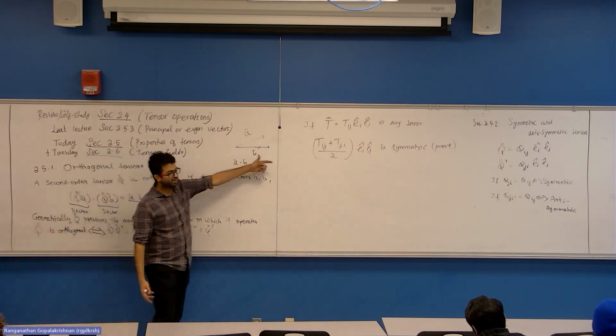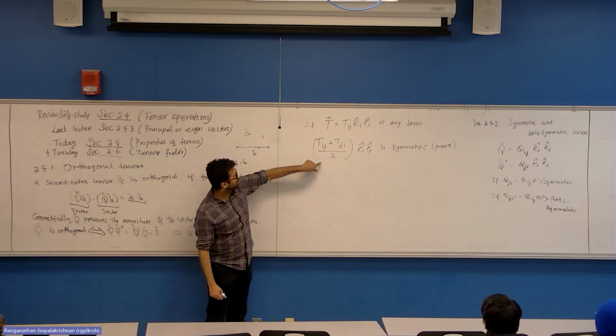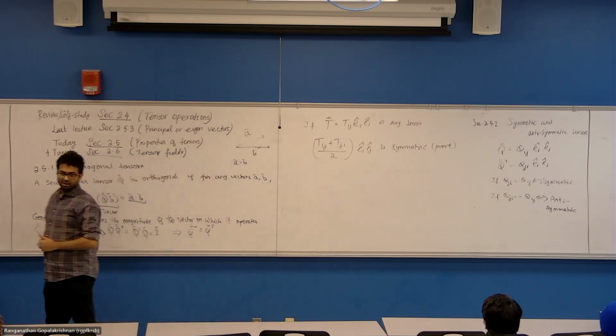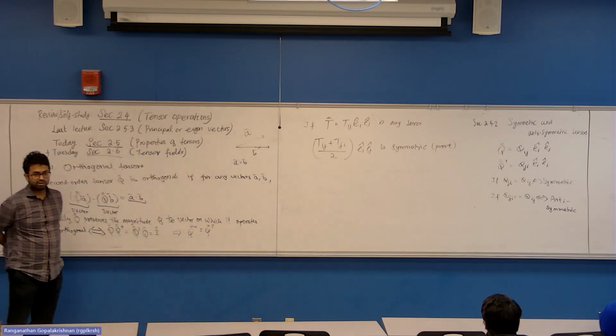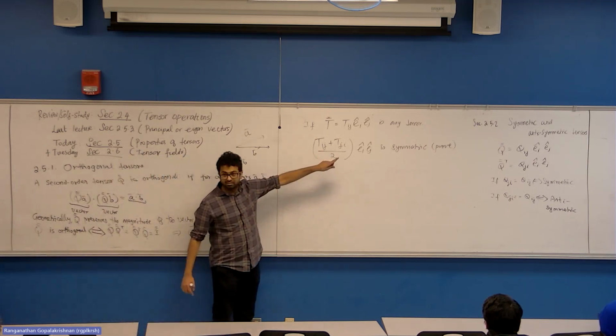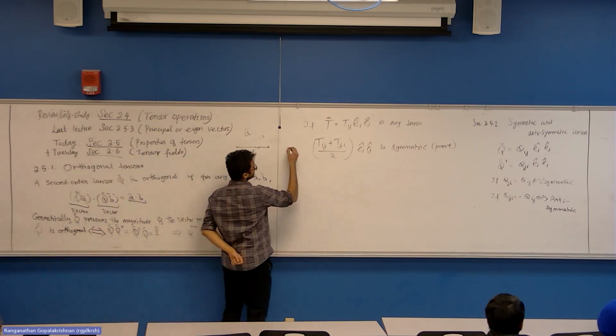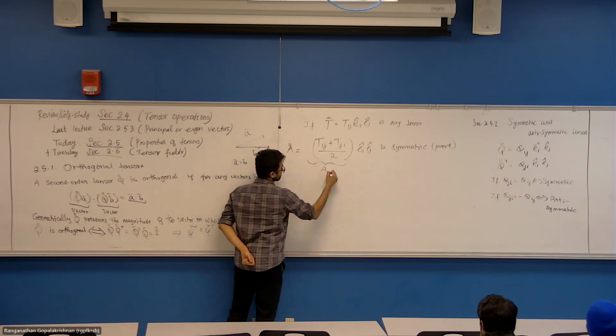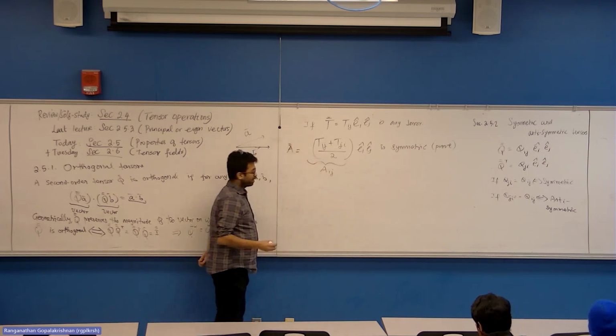It's easy to prove it. Can you just tell me how this will always be a symmetric tensor? If you swap I and J, suppose we call this A, that is Aij. What is Aji?